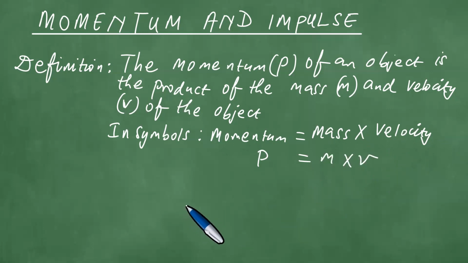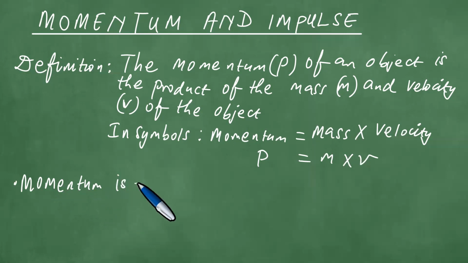So this is something that you need to note. We ask you a couple of questions about this momentum. Is it a vector? Is it a scalar? Momentum is a vector quantity. Because everything we study in physics, we ask ourselves if it is a vector or a scalar, if it has direction or not.